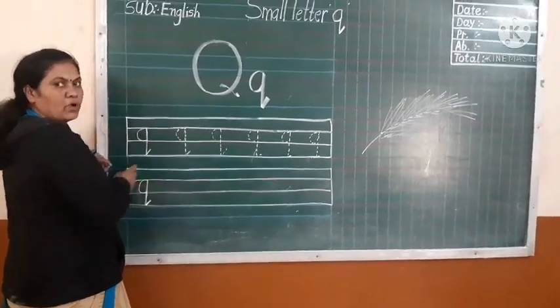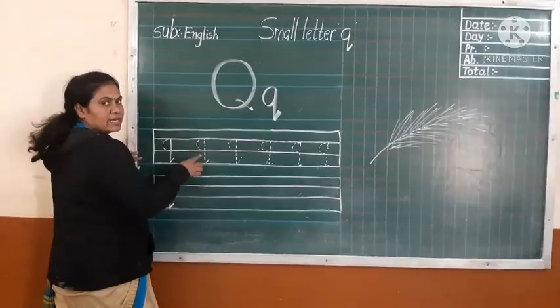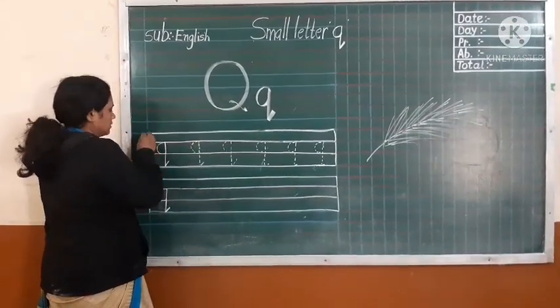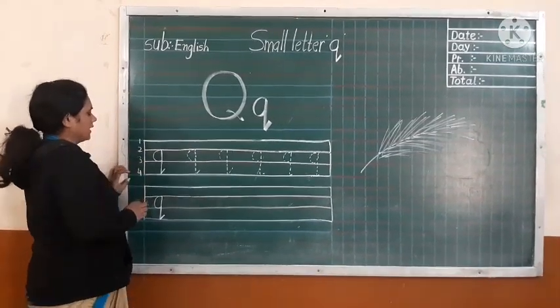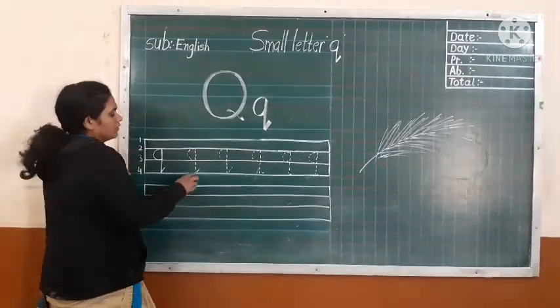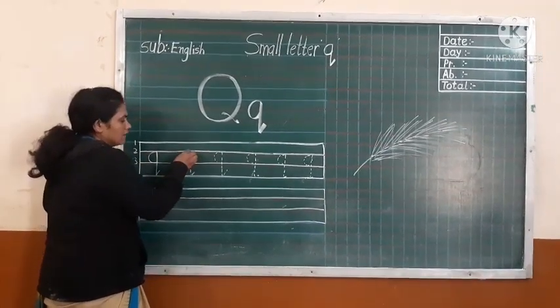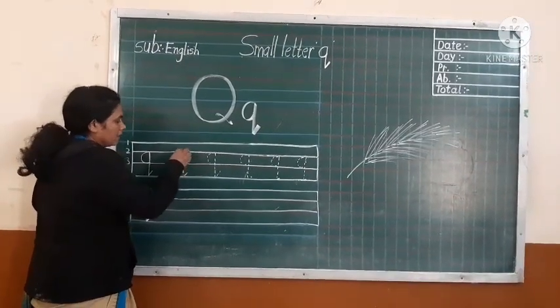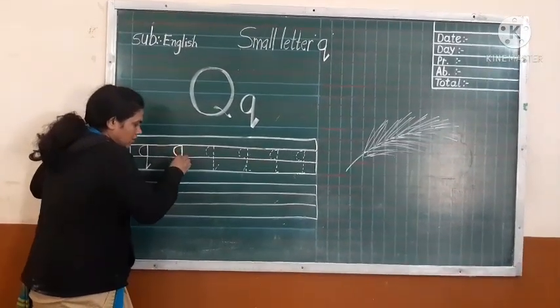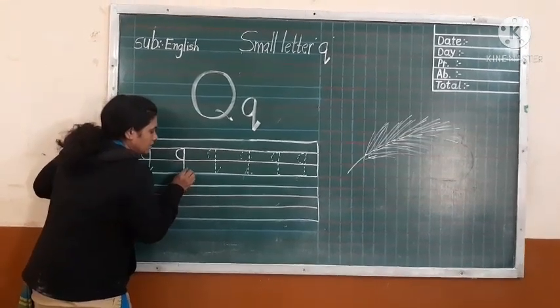Look at here students. How to trace small letter Q? First, here dots are given. Here 1, 2, 3 and 4 lines are there. We have to use 2, 3 and 4. First, join the dots, little curve, up to down, join the dots, make standing line and little slant line.